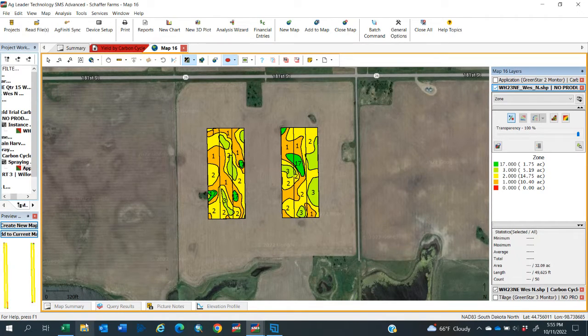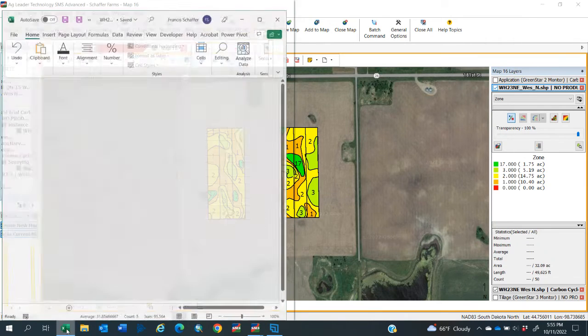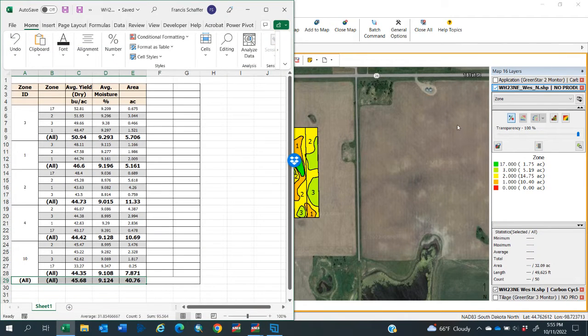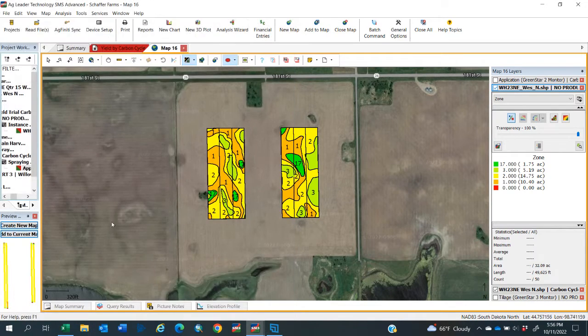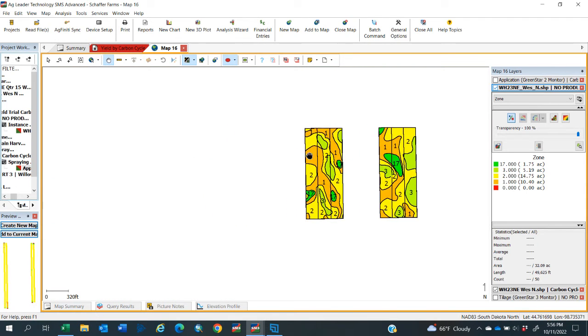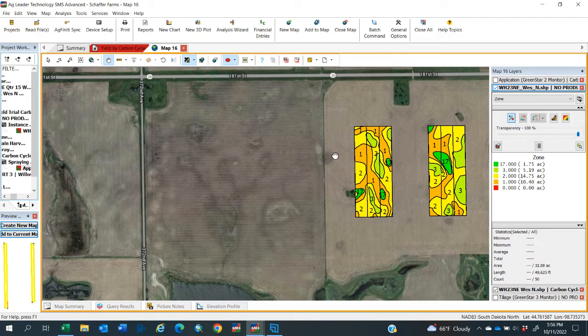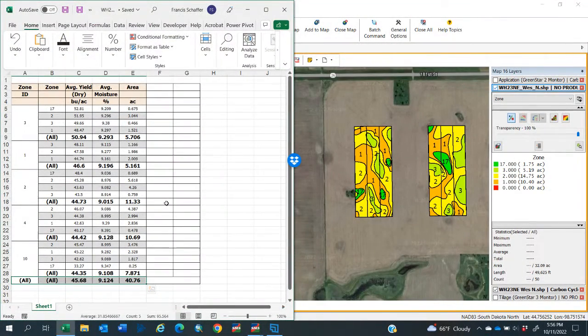And this is the results we came up with. Okay, now let me redo that. Let me grab this map and slide it over. Apologize for that.